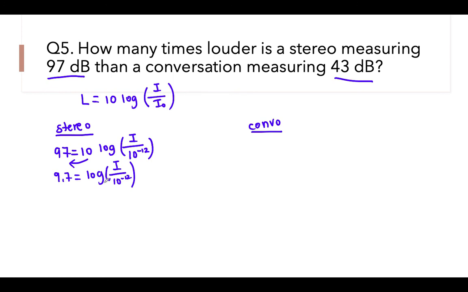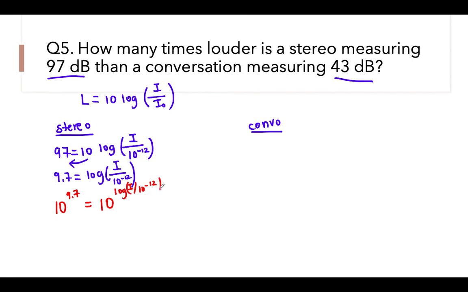What we can do after is take the base of 10 to both sides. It's the same idea as taking log to both sides. 10 to 9.7 equals 10 to the log I over 10 to the negative 12.